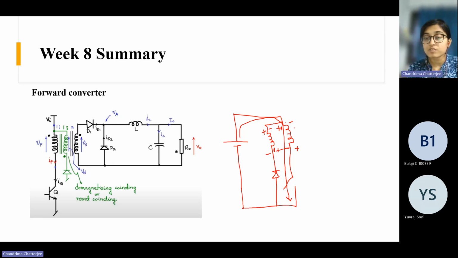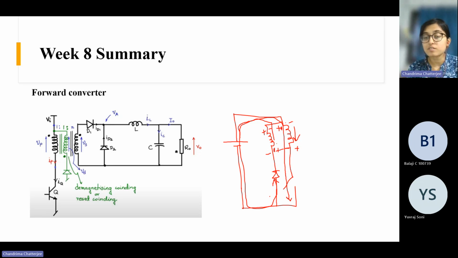So the current was flowing like this. Here, how will the current flow? The current will flow like this, from here through the supply, through this diode, right? So the magnetization current will circulate like this until it gets reset, until it gets to zero.